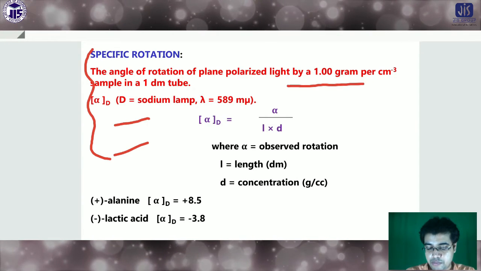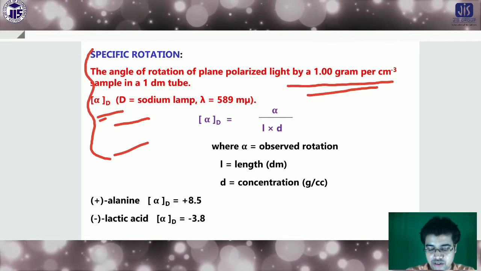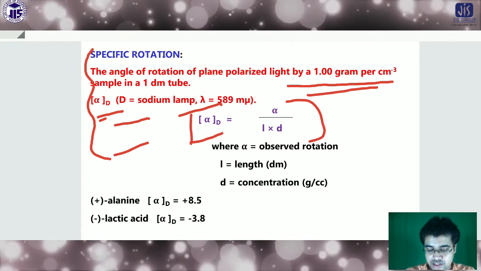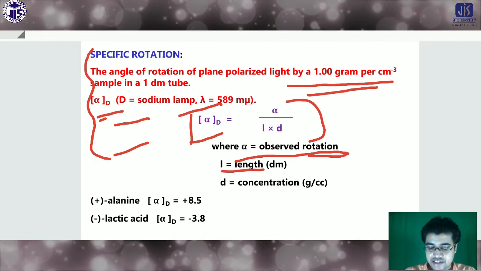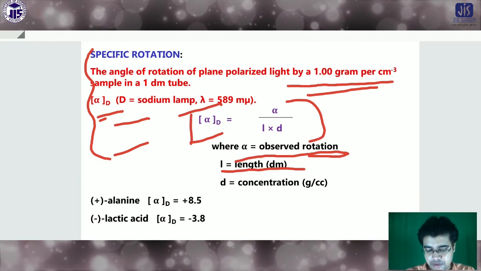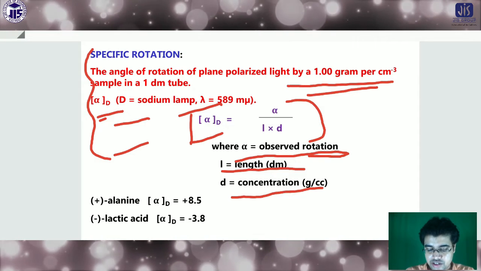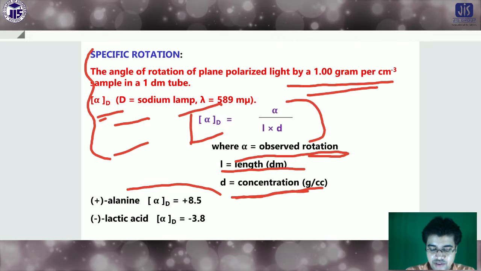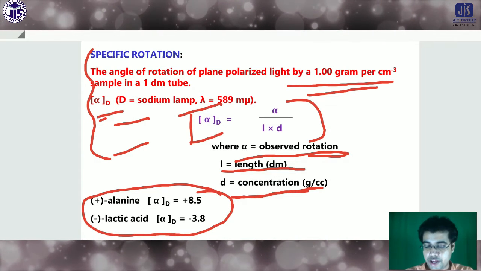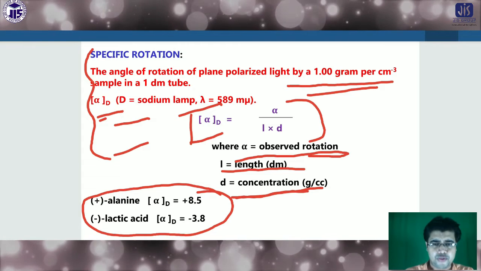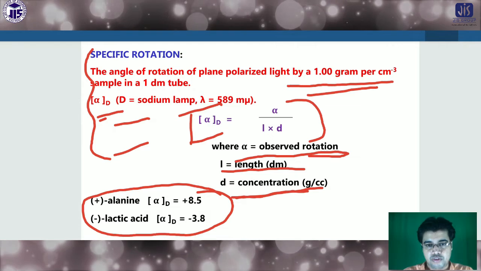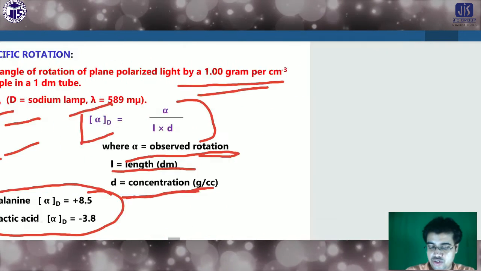If the concentration is 1 gram per centimeter, then the equation is alpha d equals alpha into L by d, where alpha is the observed rotation, L is the path length, that is the length of the container in which the sample exists, and d is the concentration. There are some values for alpha d, but that is not so important for your syllabus. You can keep it in mind for knowledge and concept purposes, but according to the syllabus it is not so important.